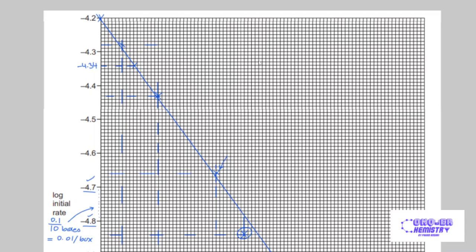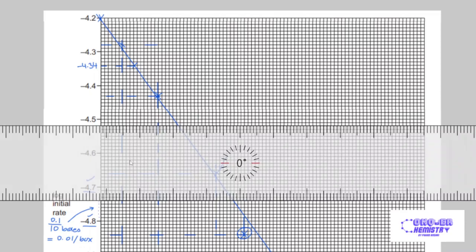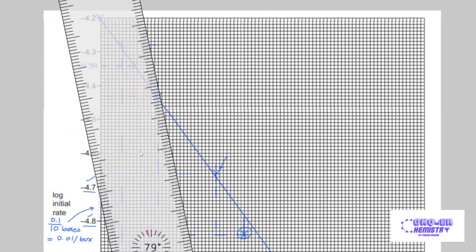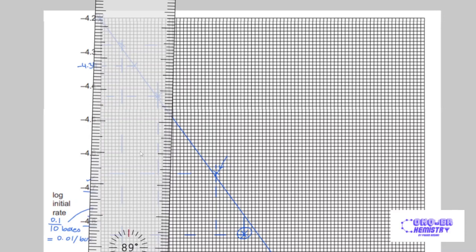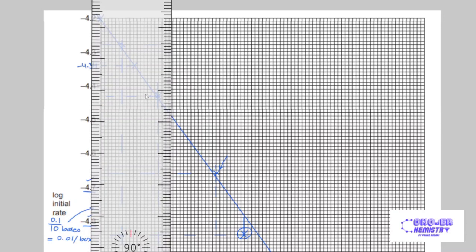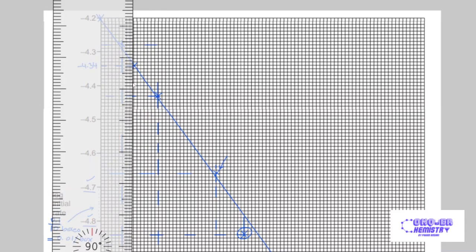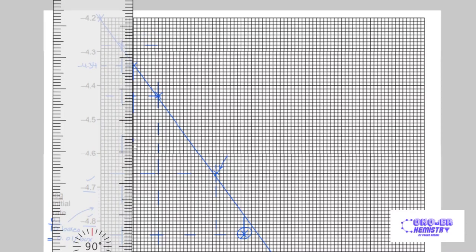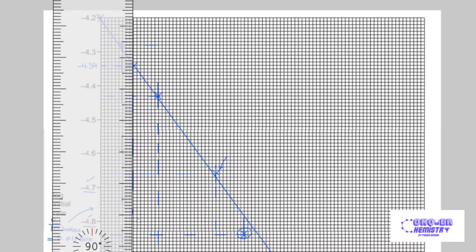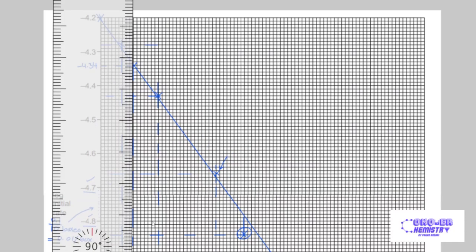And for the x coordinate, let's take a look at that. So we read this down to the x-axis. Let's keep going down, see where this leads us.